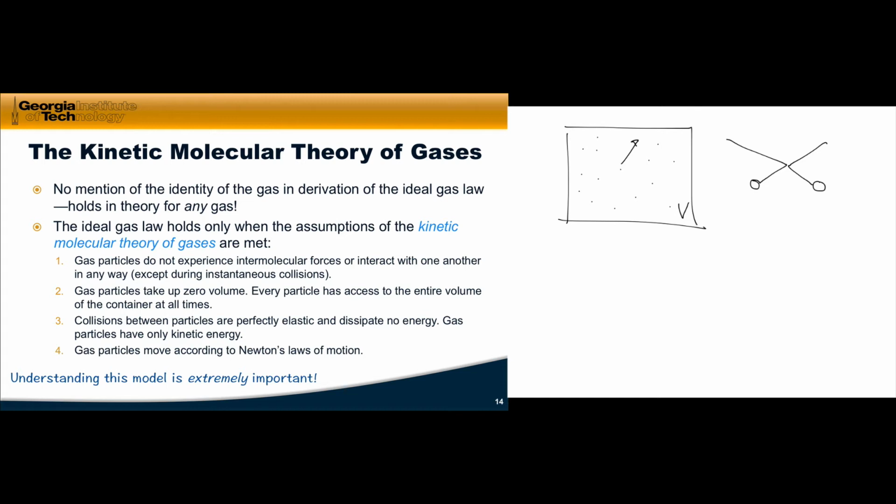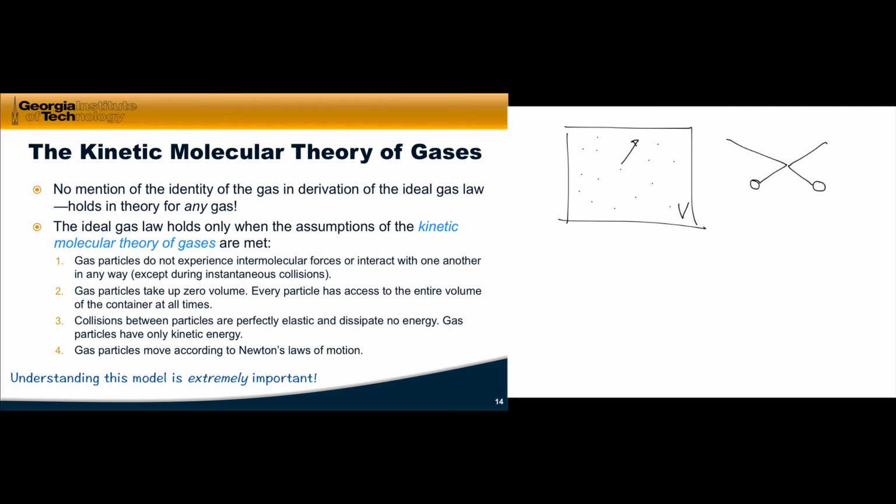A collision between gas molecules can't excite an electron to a higher energy level, for example. Now, of course, we know in real life that that's untrue, but given the scale of collisions and the scale of a gas, this assumption holds up pretty well in the context of measurements of gases.